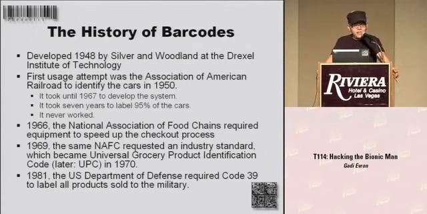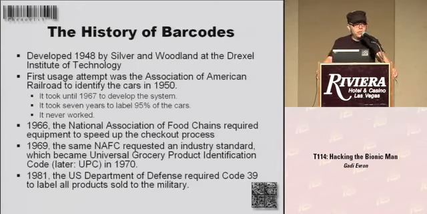However, in 1966, the National Association of Food Chains started to require barcodes on products to speed up the checkout process so they could make more money. And that usually tends to be a really good driver for technology, either making more money or porn.